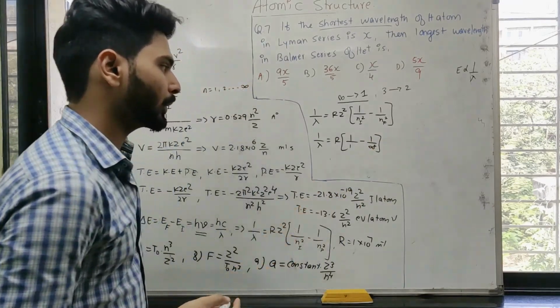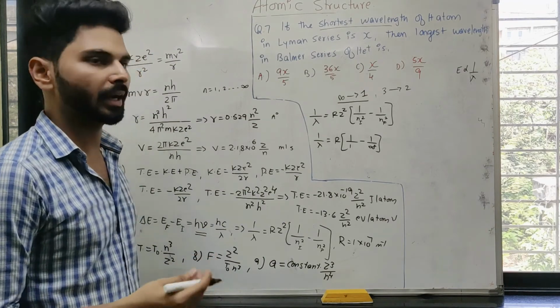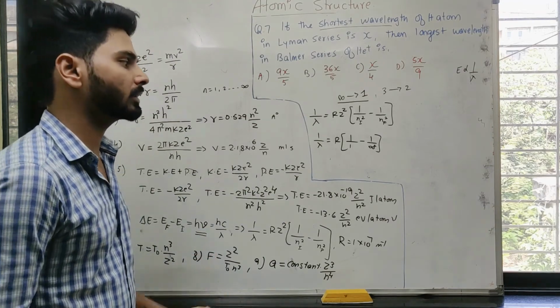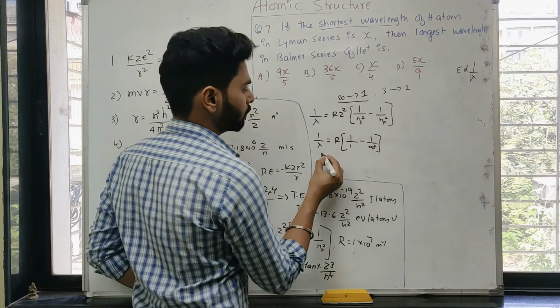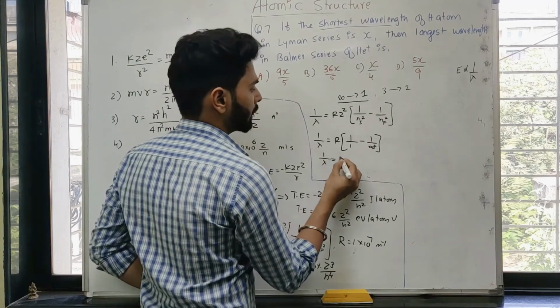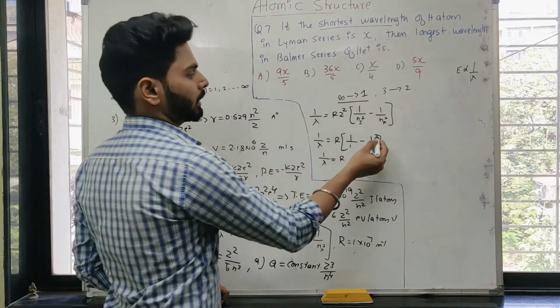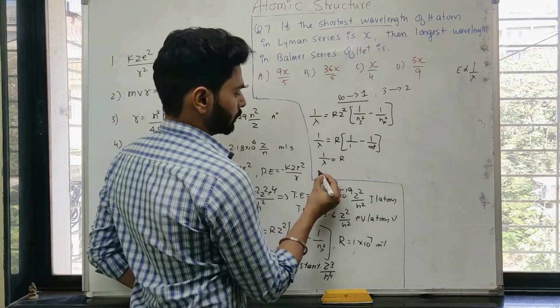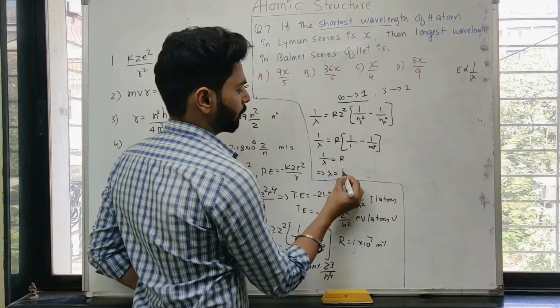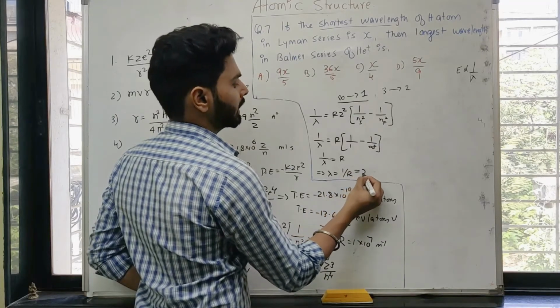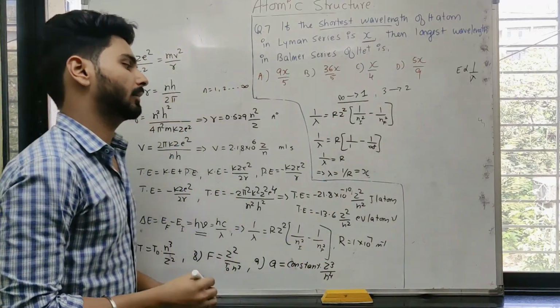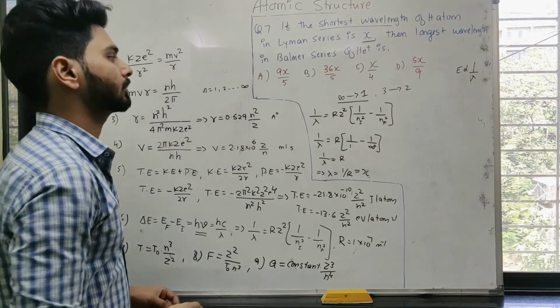So 1 upon infinity tends to 0, and 1 upon infinity square will be almost 0. So 1 upon lambda equals R, because this will become 0. So lambda equals 1 upon R, which is called x in this case. We have to consider that as x.